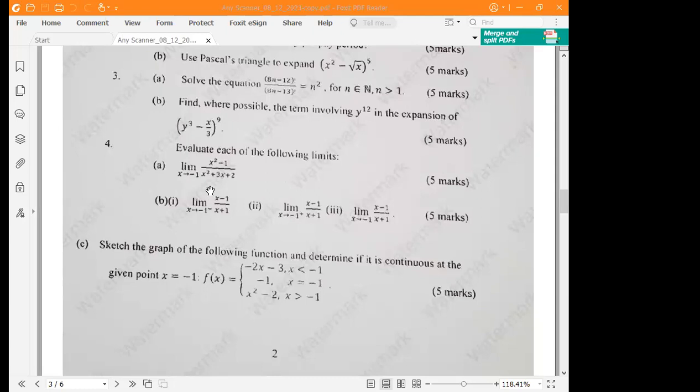So when x goes to -1, again, here you can't go direct, so you have to factorize. So you factorize x squared minus 1, and the denominator and something will cancel. And then you work out the limit.